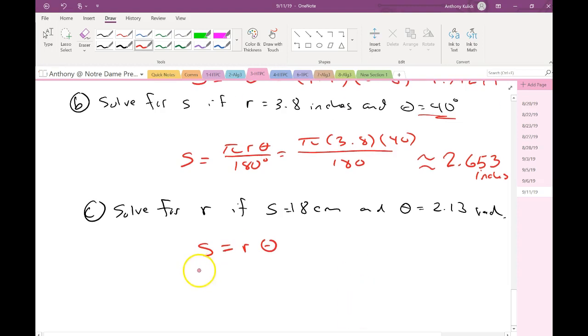Here I have to solve for r instead of s, but that's really not too big of a deal, right? So I just divide both sides by 2.13. If I do that, I get that r is 8.451 approximately.